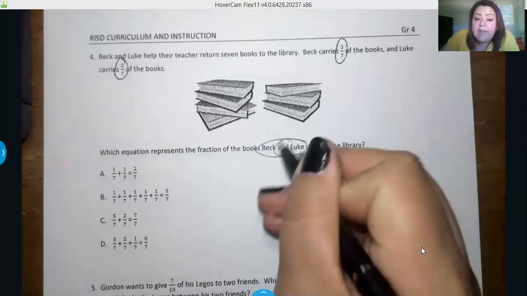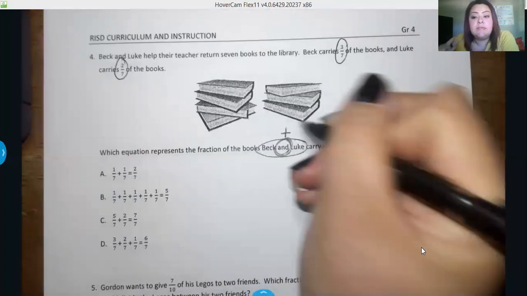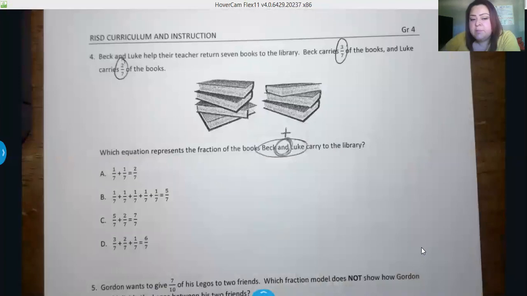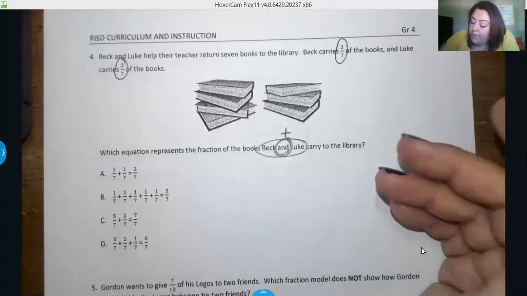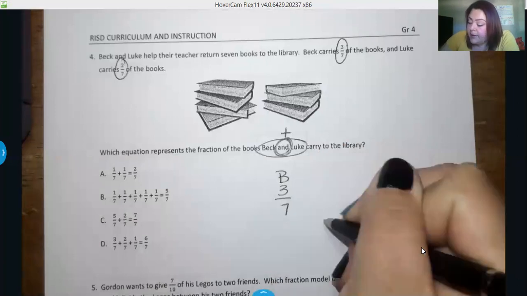I want you to look at that "and" word because that's one of our keywords that also tells us we're going to add. We're putting them together, which obviously by looking at this, yeah, I know, but we're looking for those keywords anyways. So then I'm going to start labeling stuff to see what I need to look at. Beck carried 3/7, right?